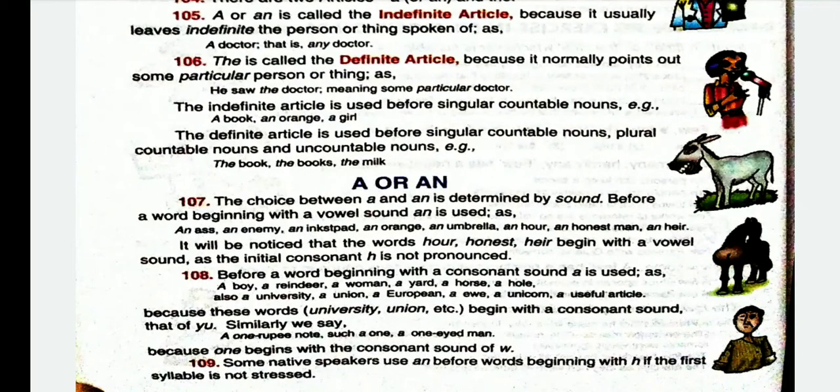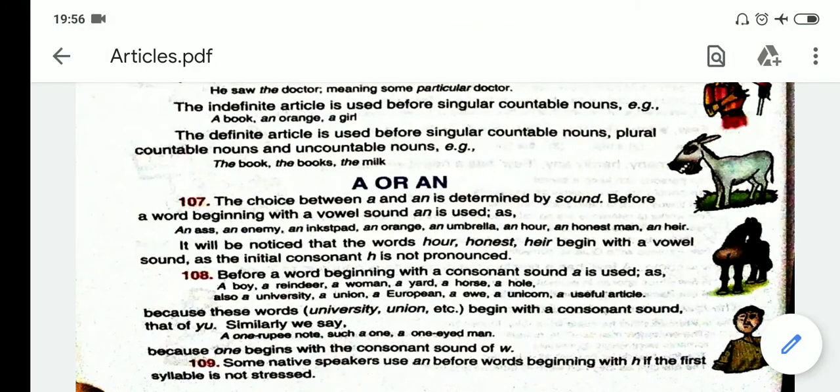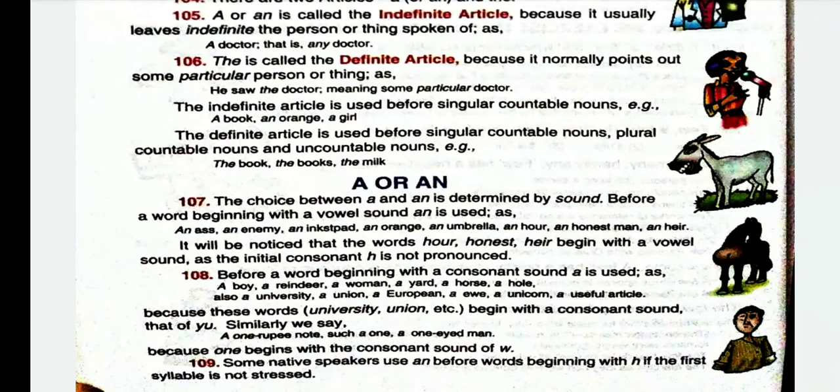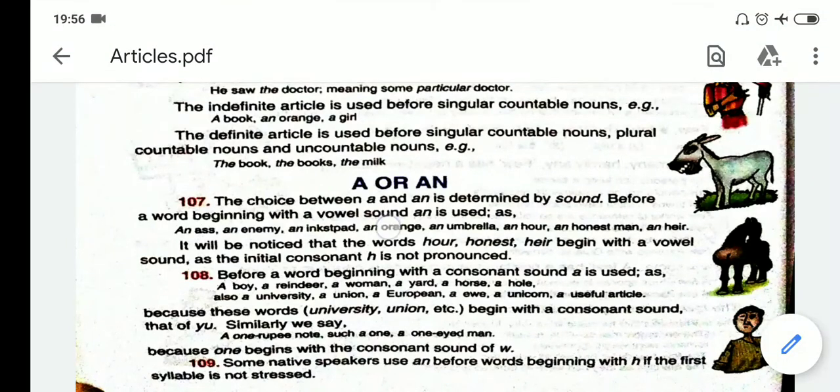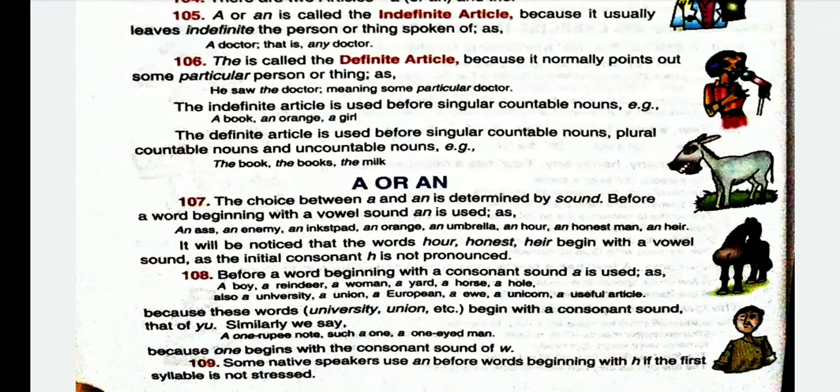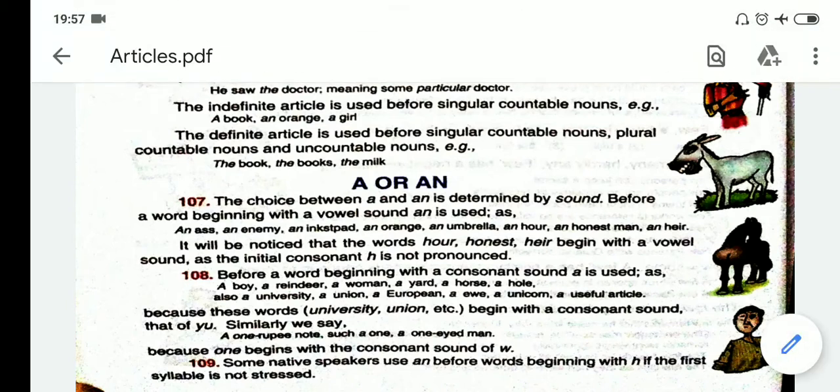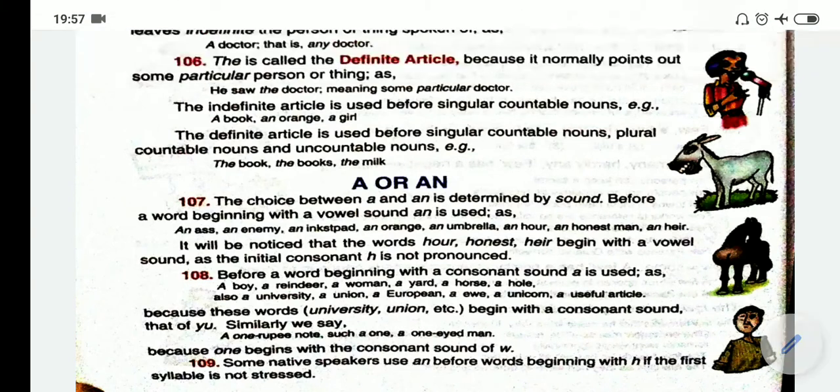In all these cases, you can see a is vowel, e is vowel, i is vowel, o is vowel, u is vowel, but H, although H is not a vowel, in this case, an hour, H is silent, it is giving the sound of a vowel there. So we use indefinite article an before the vowel sound. So you will say an hour, an honest man, although it is starting with a consonant.